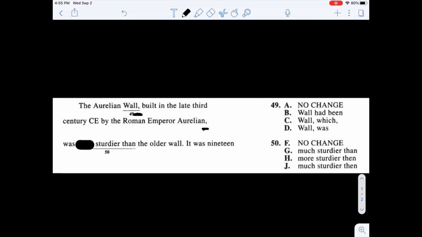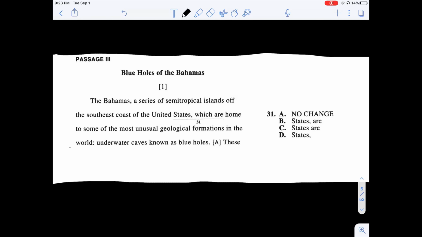That built in the late 3rd century is just additional information. So we want to leave it no change because the other options don't take into account the second comma over here that indicates that we would need the first one for the appositive phrase. So 49 is A. And then if you want to do this example on your own, go ahead.